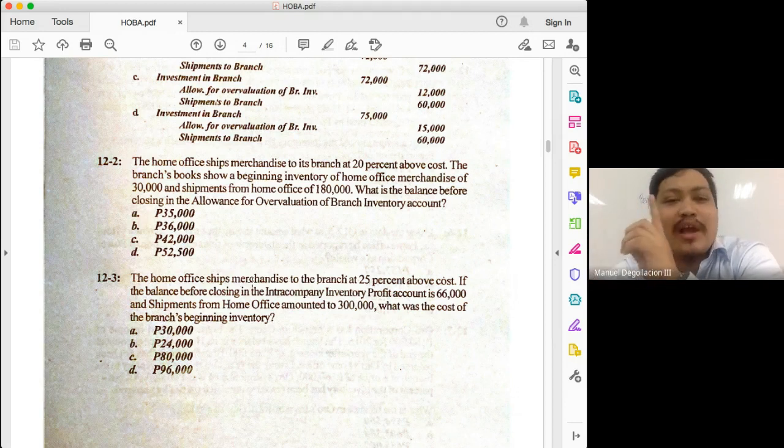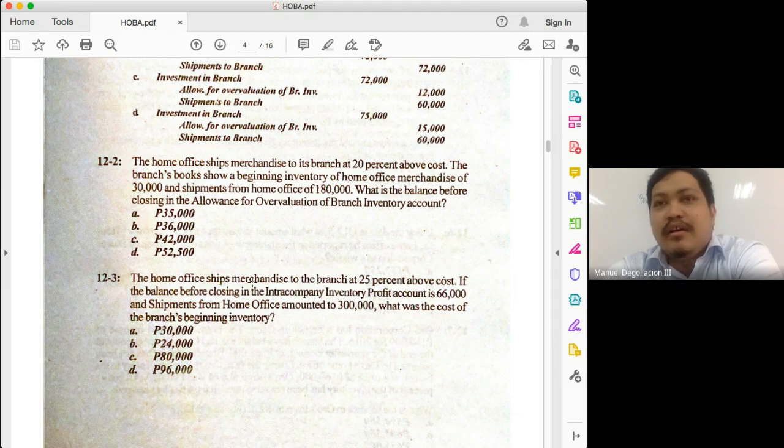Why do we know that the 180,000 is not yet the cost? What do we know of the shipments from home office account? It is always at bill price. And who maintains the shipments from home office account? The branch. And the branch only knows of the bill price. So the 180,000 here is still at the bill price.